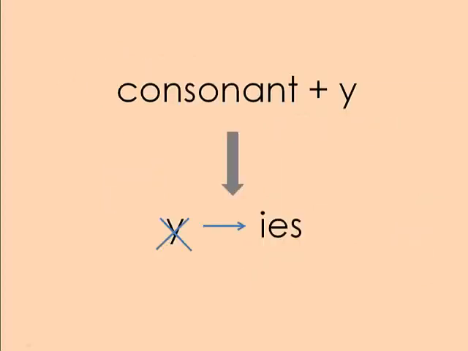When the last 2 letters of a noun are a consonant and a Y, we change the Y to I and add es. Do you remember what a consonant is?